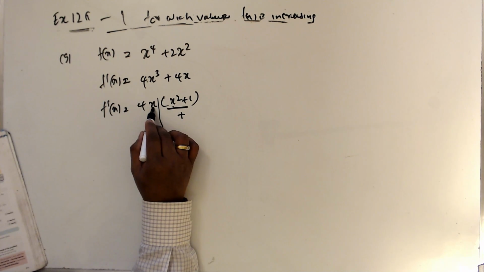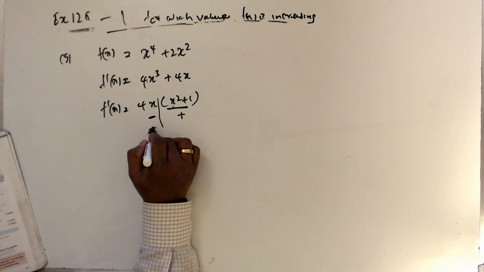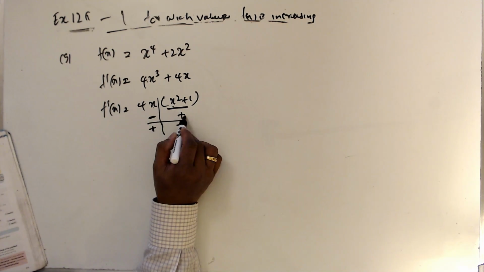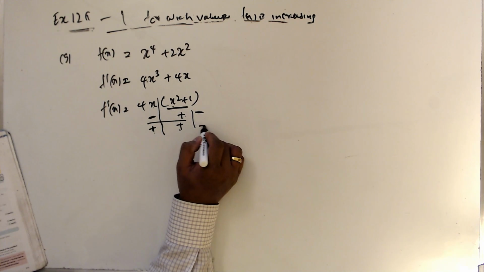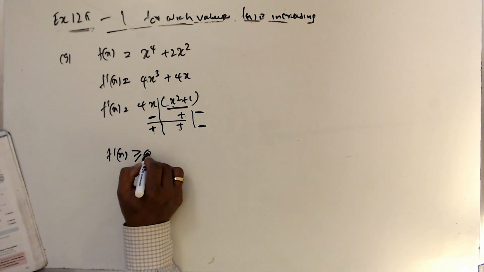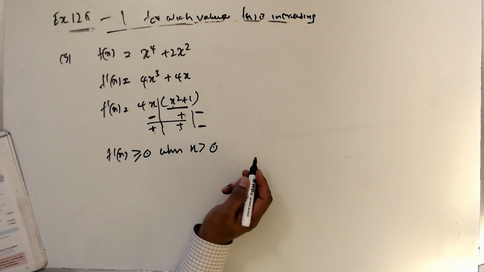But x can be negative or positive, so this factor is always positive. Negative times positive is negative. Positive times positive is positive. Hence f dash x is greater than or equal to 0 when x is greater than 0.